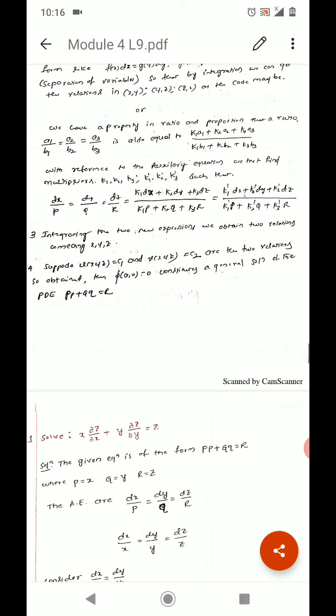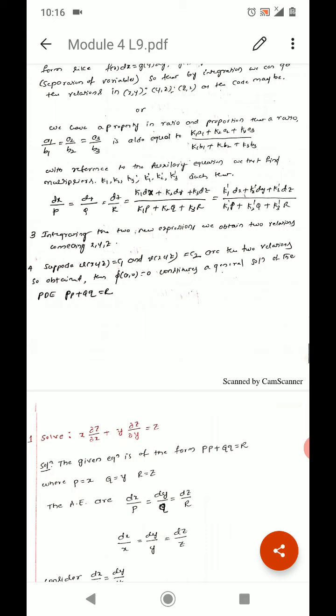Next, integrating the two new expressions, we obtain two relations connecting x, y, z. Suppose u of x, y, z is equal to c1 and v of x, y, z is equal to c2 are the relations so obtained.